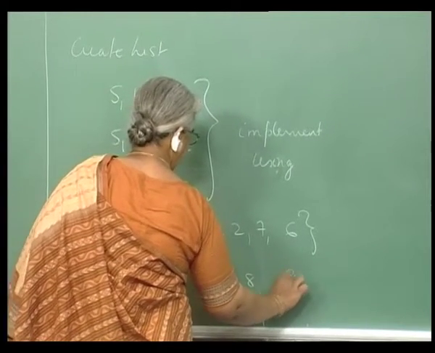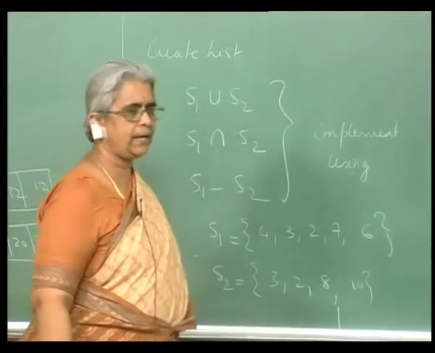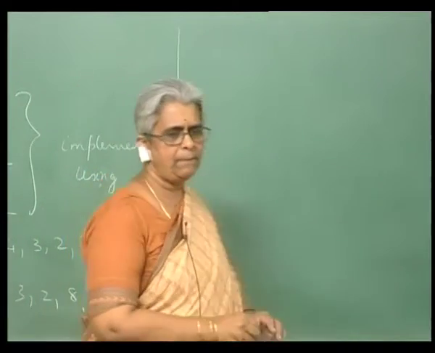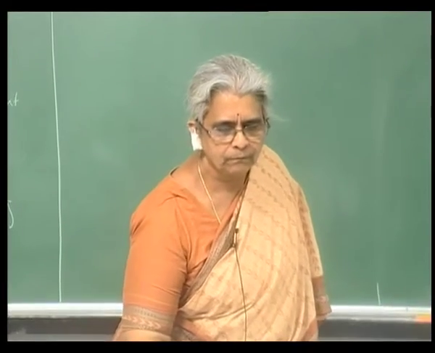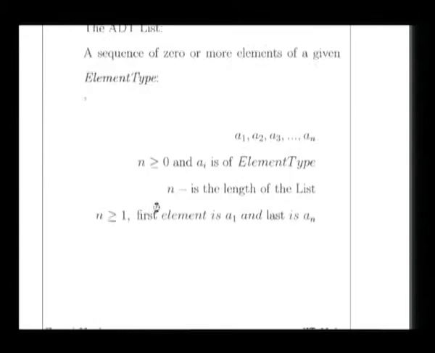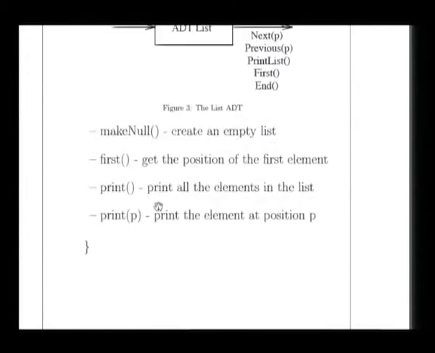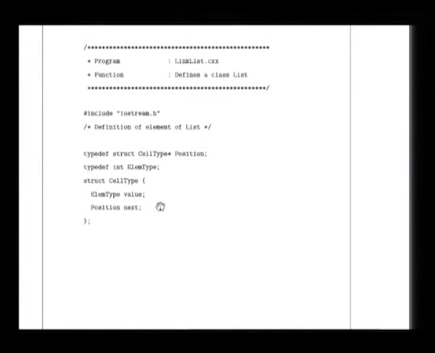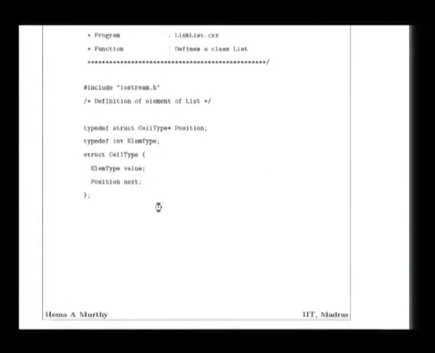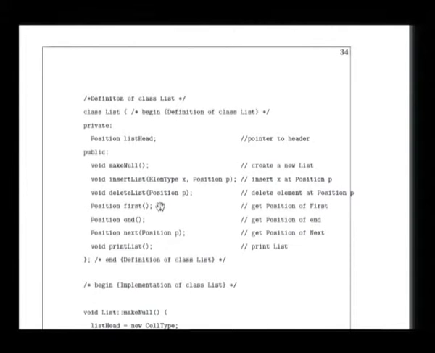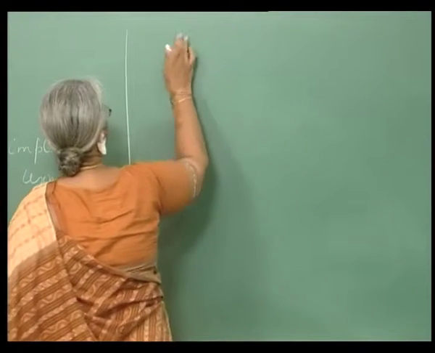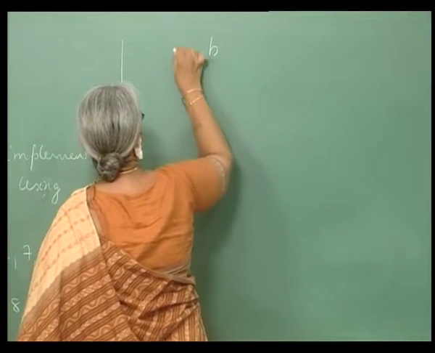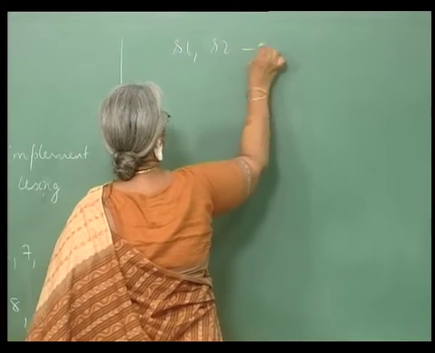So, what would I do? Going back to this, I would say that A, B or S1, S2 are of type list first.